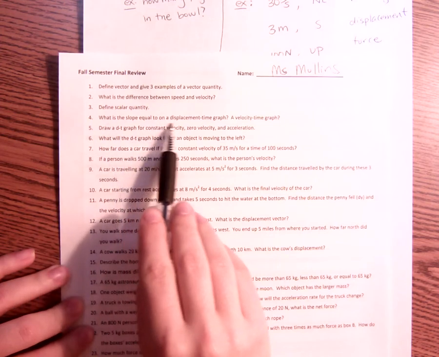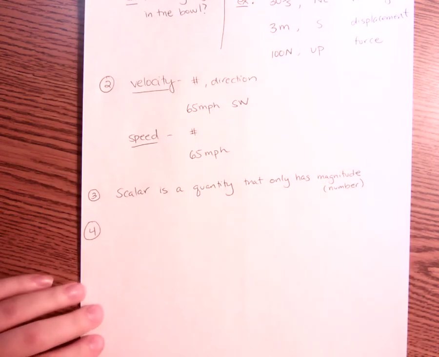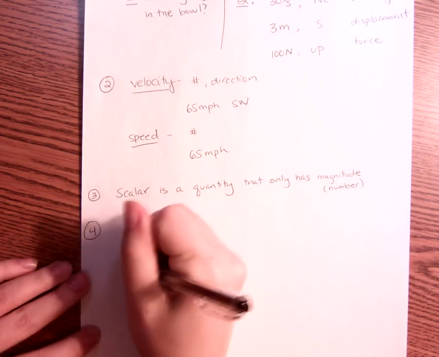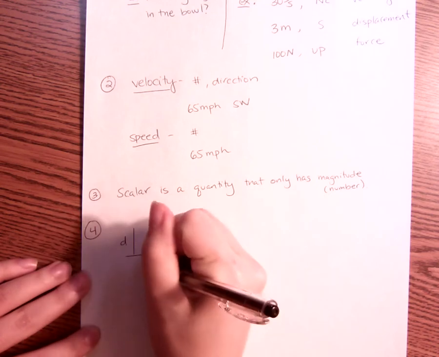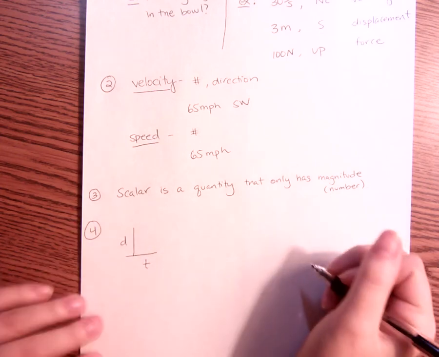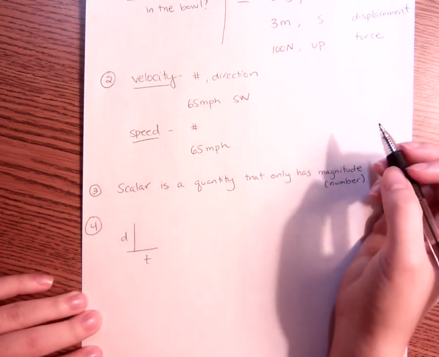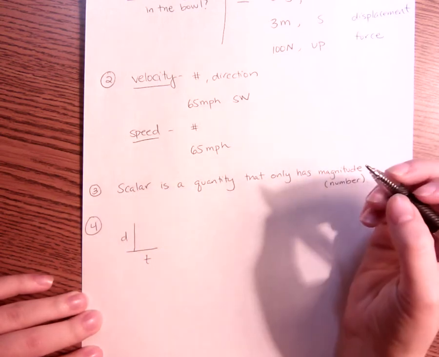What is the slope equal to on a displacement time graph, and then on a velocity time graph? This is exactly like the example that I did in class. So if you were paying attention then, don't worry about watching this. Here we go, a displacement time graph, and we want to know what the slope represents.